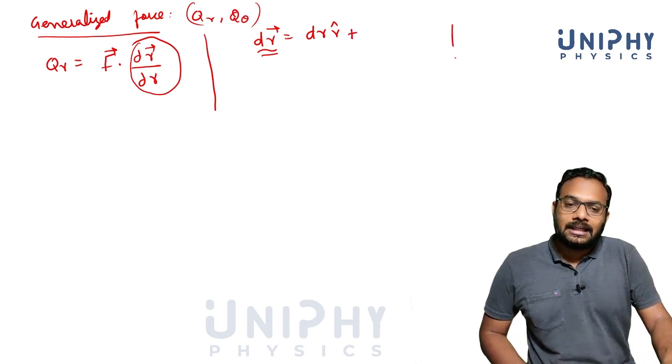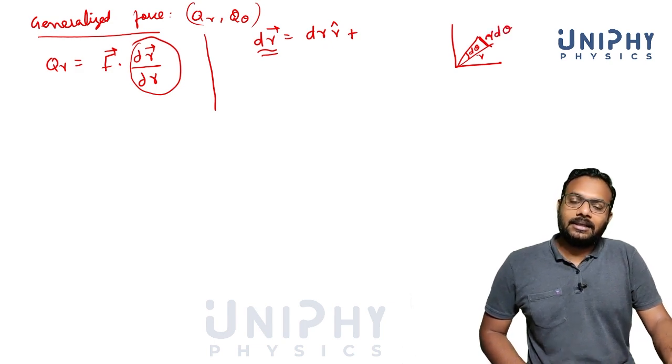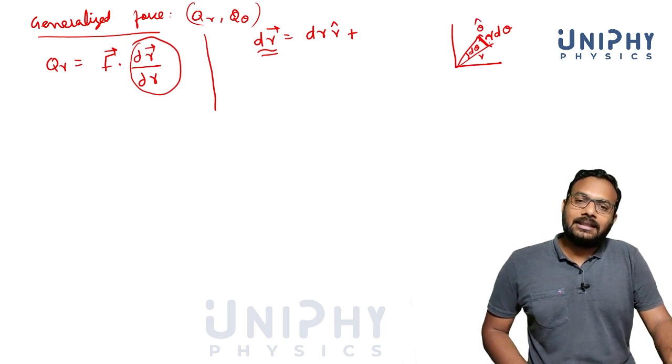What would be the tangential displacement? If the angle changes by d theta and this is r, the displacement has to be a length. The tangential displacement is r d theta. So this is the theta cap direction.